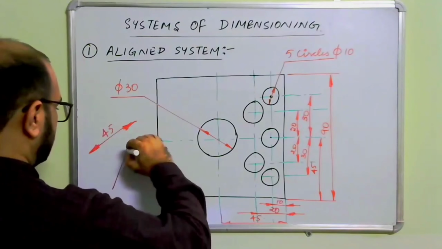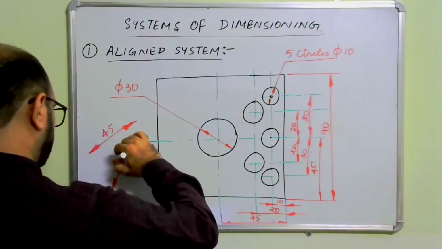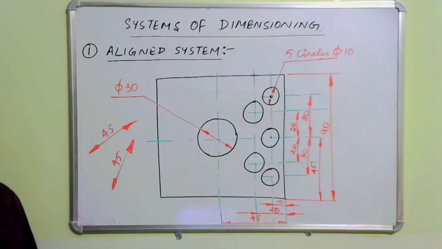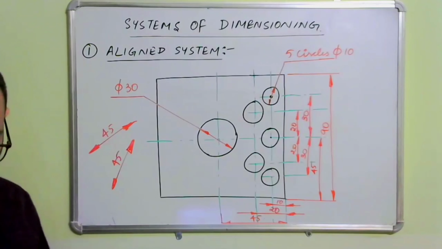Let us say if it is again inclined, it will again be changing. It will be like this. So this is the meaning of aligned system of dimensioning. I suppose this is clear.